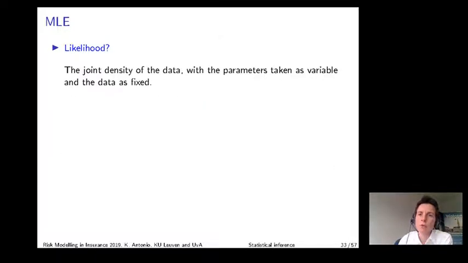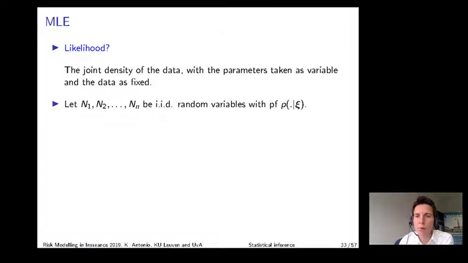Now, the likelihood function is the density of the observed data, with the parameters taken as variable and the data as fixed. So let N1 up to Nn be independent and identically distributed random variables with a common count distribution p that depends on some unknown parameters psi.